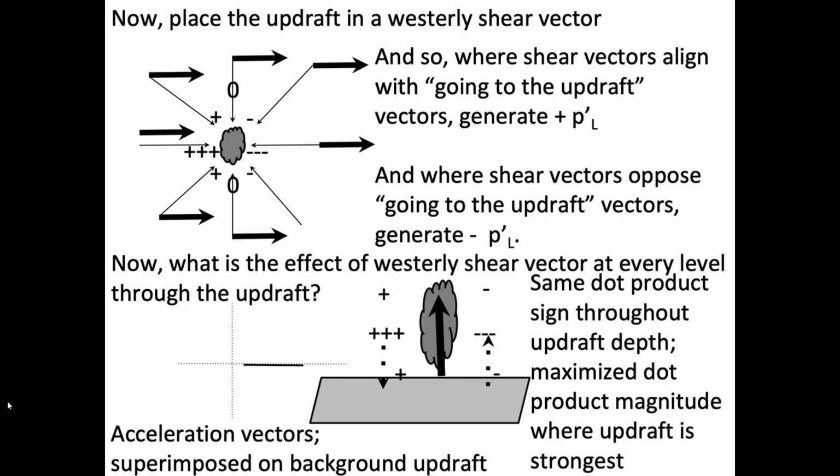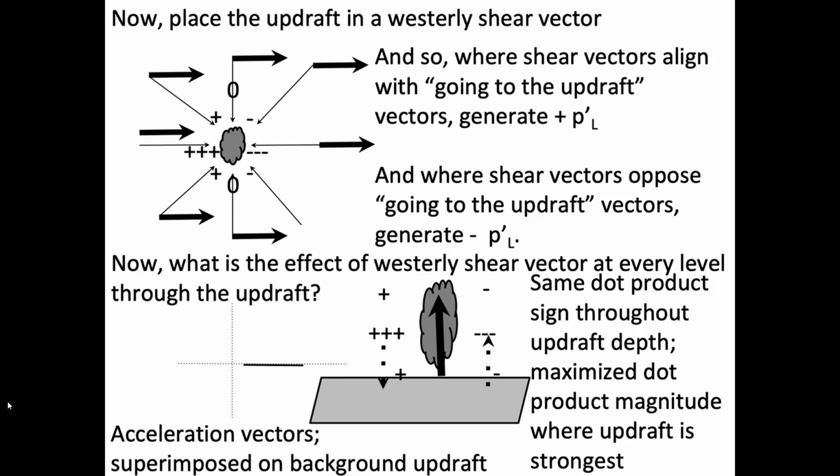All of our shear vectors, which I'm going to show in bold here, are going to be from west to east, generating our up shear positive perturbation pressure, down shear negative perturbation pressure, 0 along our y-axis over here. And so where our shear vectors align with the going-to-the-updraft vectors, we get positive linear perturbation pressure up shear, and then when they oppose, we have negative linear perturbation pressure down shear.